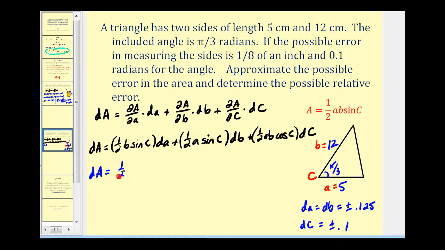So we'll have 1/2 B sine C, that's going to be 12 sine pi over 3.